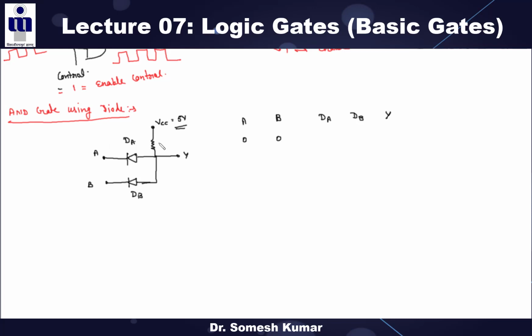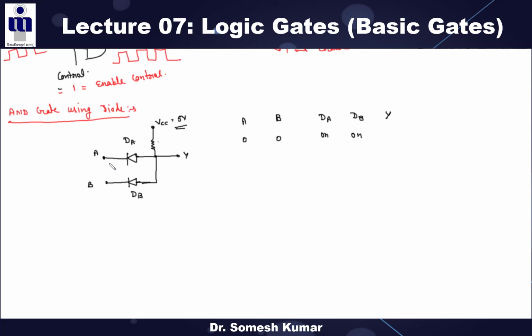There is some resistance here, so there is some drop across this resistance, and here we are getting less than 5 or near to 5, right? So this is the positive terminal and this is grounded. Grounded means the lower potential terminal, or we can say the negative terminal. So both these diodes are forward biased, and we can say DA and DB are both on, right?